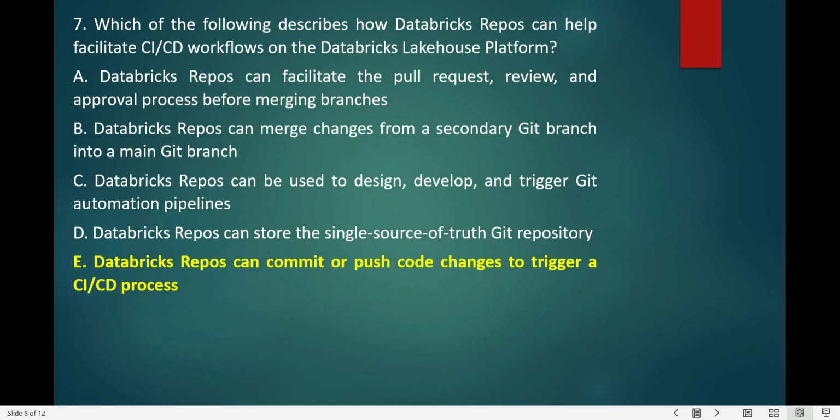Which of the following describes how Databricks Repos can help facilitate CI/CD workflows on the Databricks Lakehouse platform? The main scenario of this question is what Databricks Repos are and how they relate to CI/CD in the Databricks Lakehouse platform.